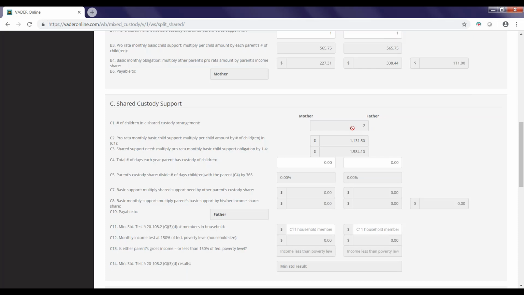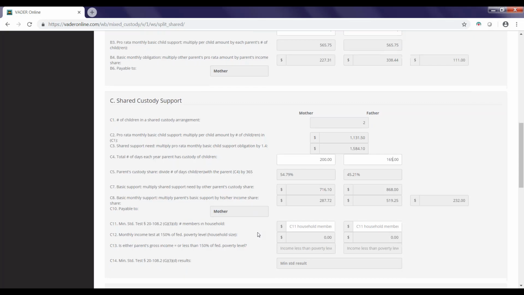We may get to a point where the legislature addresses that, but for now, we're going to assume that for those final 2 children, mom and dad are sharing custody of both those children in the same number, meaning that in this scenario, let's assume that mom has the shared children for 200 days, both of them, and dad has them for 165 days. VADER calculates that under this scenario, dad would owe mom $232 per month for those shared children.